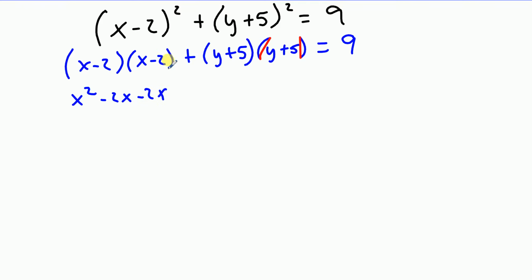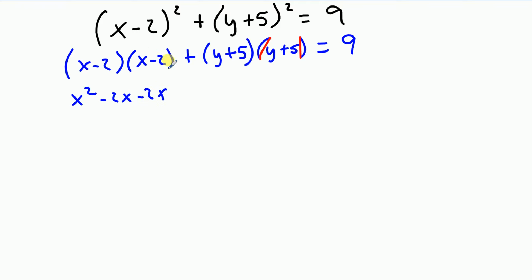Okay, and then I will combine my x's, so negative 4x, and then combine my y's, plus 10y, and then my constants. 4 and 25 gives me 29. Right? And the last step in putting it in general form is to make this side 0.